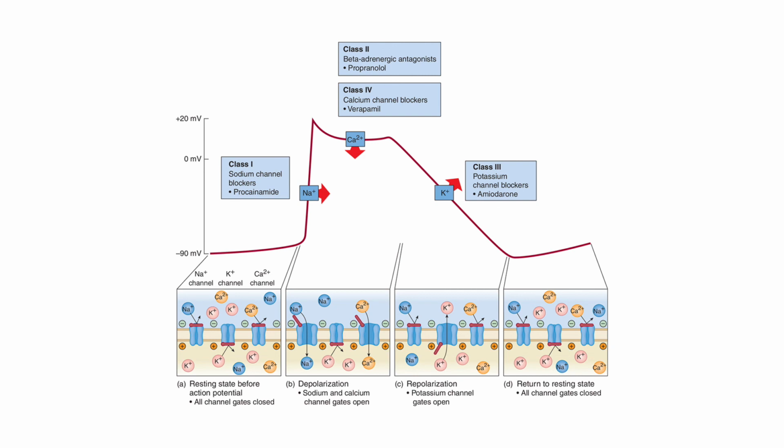So class 1 antiarrhythmics are sodium channel blockers. They stop sodium from rushing in. A perfect example of that is procainamide. Class 2, you've already seen them. Beta blockers are class 2. Class 3 are potassium channel blockers. Amiodarone is the prototype in that group. And class 4, calcium channel blockers, such as verapamil or diltiazem.